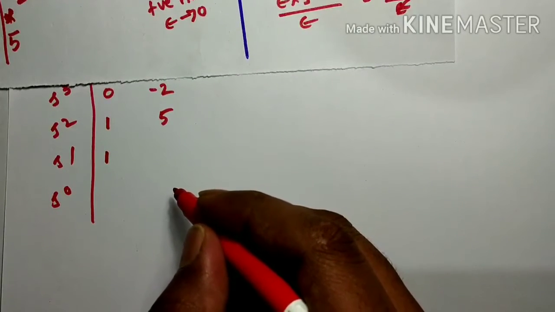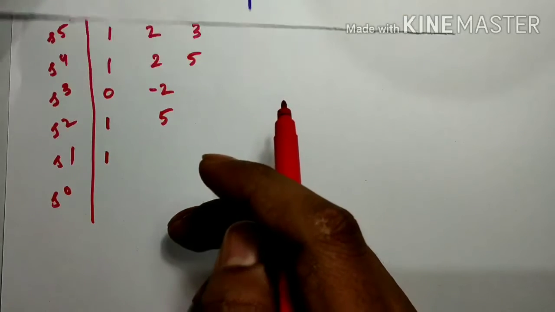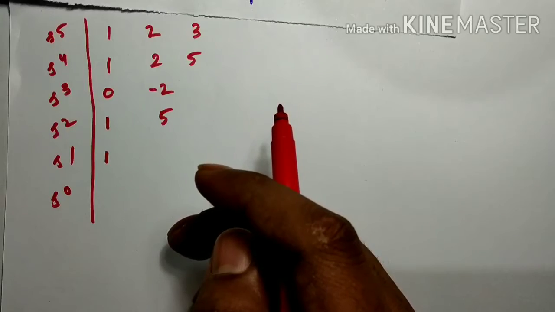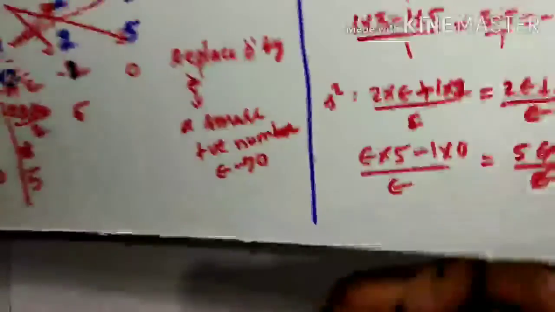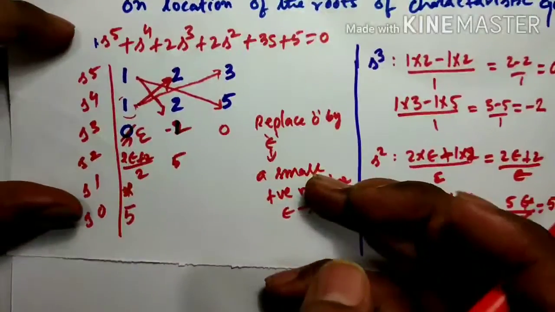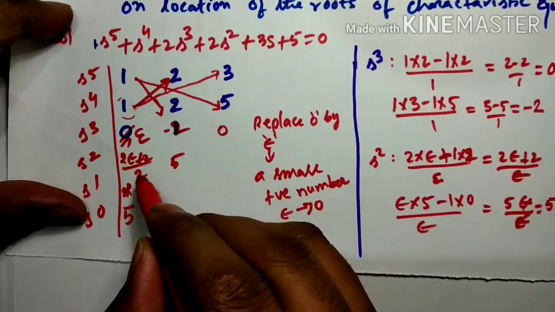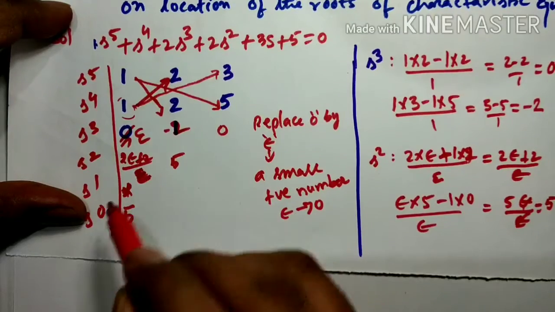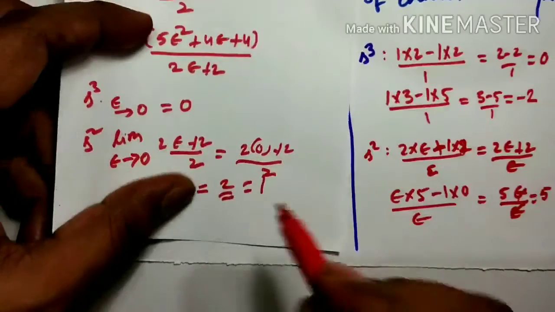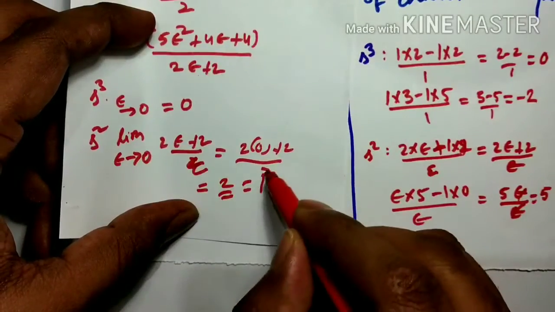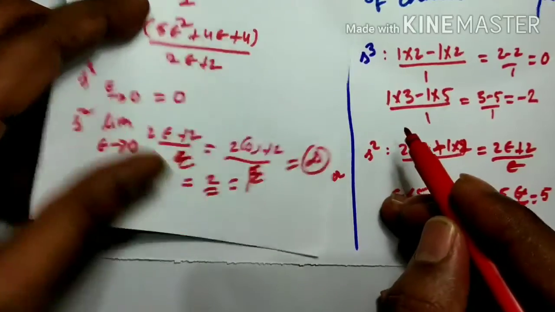Epsilon is equal to 0 if you just put it. A small correction here: you see 2 epsilon by 2, so this should be epsilon. Therefore, when you put epsilon equal to 0, this value becomes infinity.